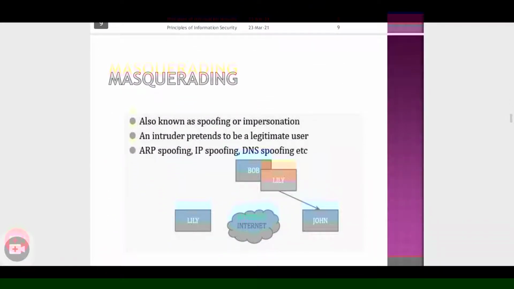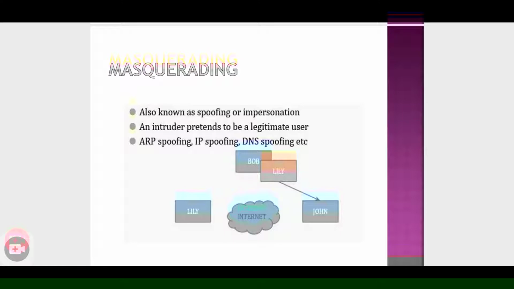And the next one is masquerading. It's also known as spoofing or impersonation. What it means is that an intruder or an attacker pretends to be a legitimate user. Here, Lily and John are legitimate users. They are connected through the internet, but Bob is an intruder.